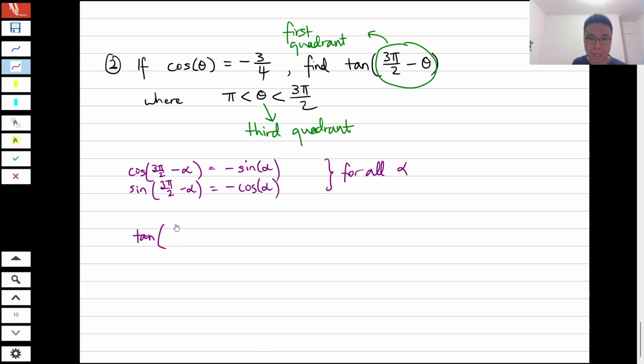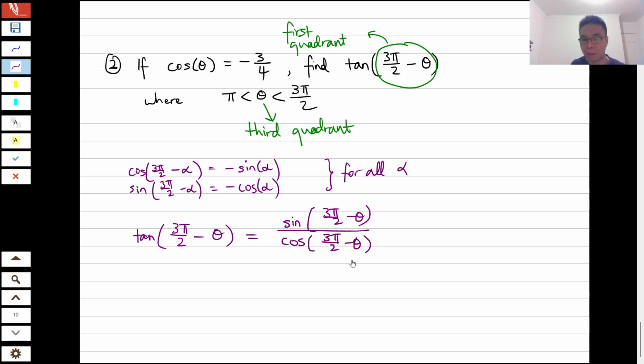So that means tan of 3 pi on 2 minus theta is equal to sine of 3 pi on 2 minus theta on cosine 3 pi on 2 minus theta. So here I've just used the definition that tan equals sine over cosine for whatever angle I choose. And then I can simplify this to negative cosine divided by negative sine.